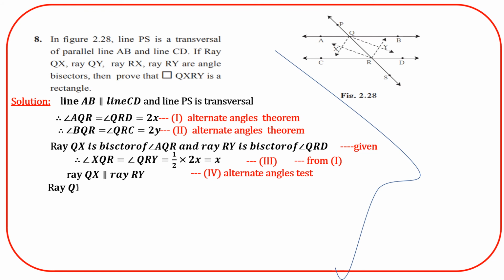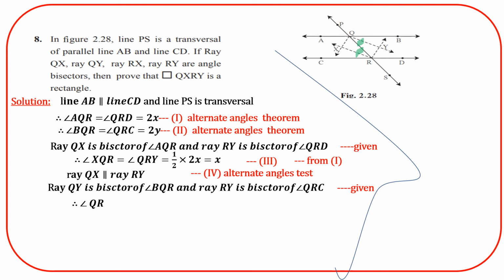Similarly, ray QY is a bisector of angle BQR and RX is the bisector of angle QRC. Therefore, this angle is congruent to this. This is given.